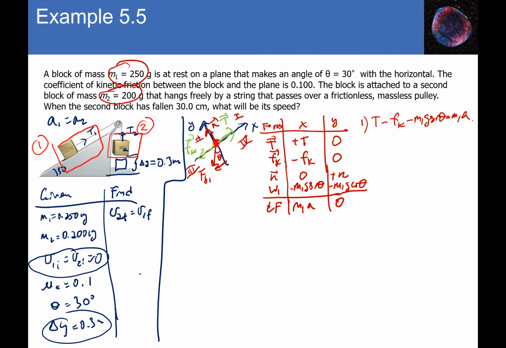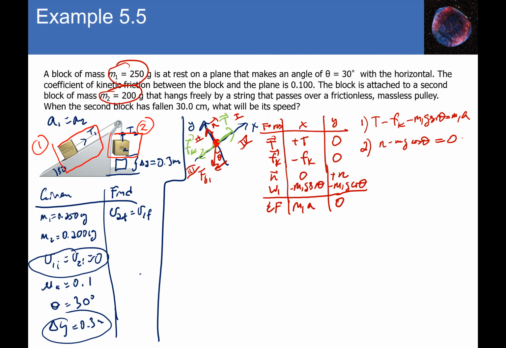Okay, so basically tension is pulling against kinetic friction and the component of gravity, and it's strong enough that it overcomes those two. Equation 2 will be normal force minus m1g cosine theta equals 0. All right, so those are my two equations for now.